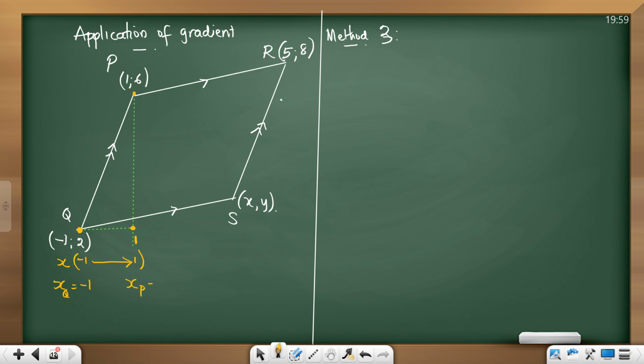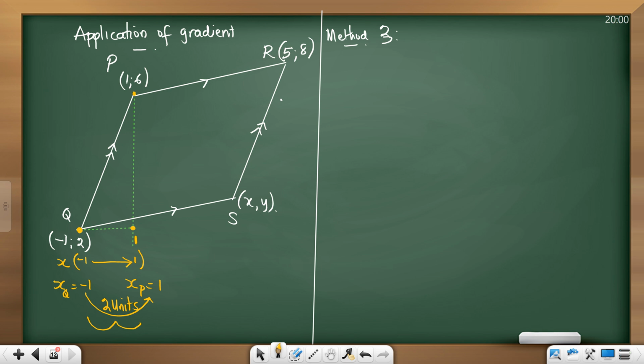The x value of P is 1. Moving from left to right, how many units? 2 units. Because I move from -1 to 0, then 0 to 1. So it's 2 units. Does that make sense? Are you okay with my 2 units?